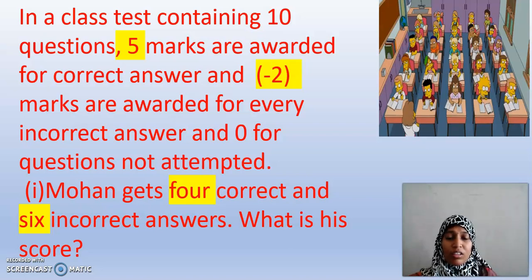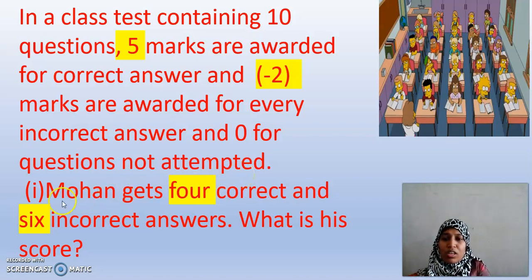If it is wrong, as a maths teacher, we will not give you any marks, but in competitive exams, they will award negative marks. In the sense, if it is wrong, they will reduce marks from the marks you have attained. Minus 2, and 0 for questions not attempted. They will not reduce or add marks if you leave the question.